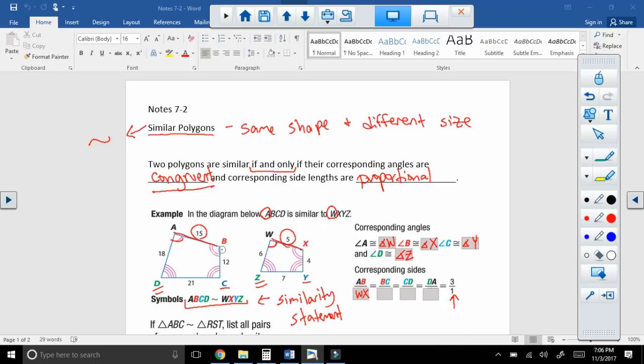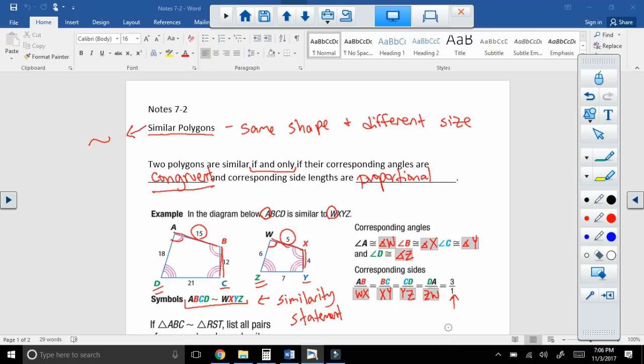The other sides, BC, corresponds with XY. Those are proportional, and that ratio is also 3 to 1. CD corresponds with YZ. And the last one is DA, and that corresponds with ZW.